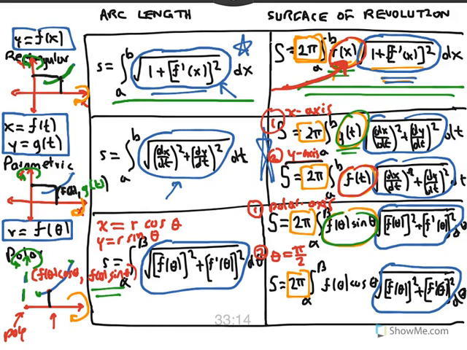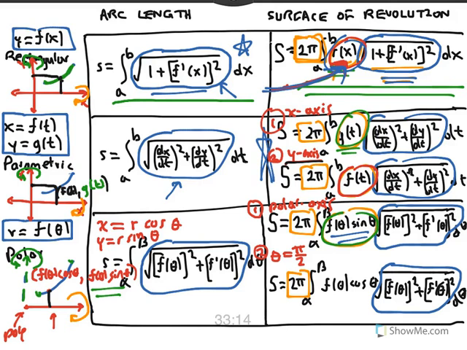And that's why we have f of theta times sine theta here, because it is coming from r of x of the integration formula for surface area in rectangular form, which gives us, of course, the distance from the axis of revolution to a point on the arc that is being revolved about the axis of revolution.